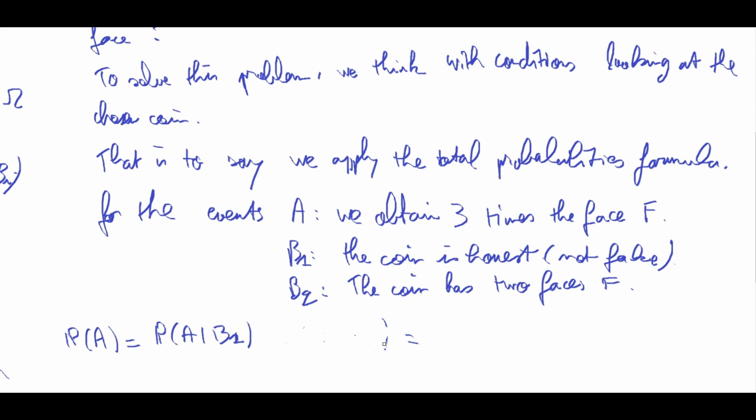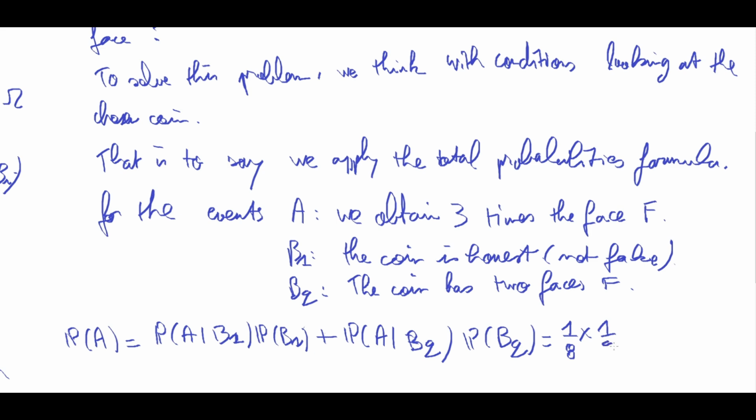I forgot. Times P of B1 plus P of A knowing B2 times P of B2, which is 1/8 times 1/2 plus 1 times 1/2 is equal to 9/16.